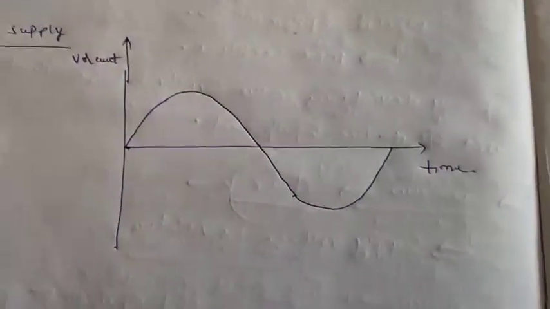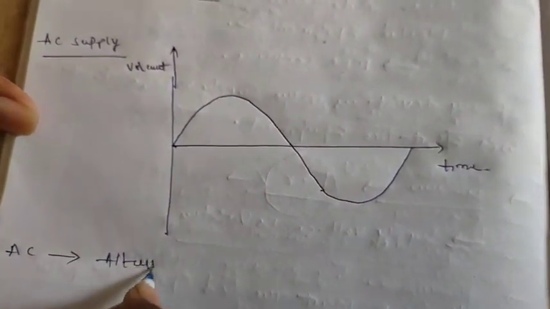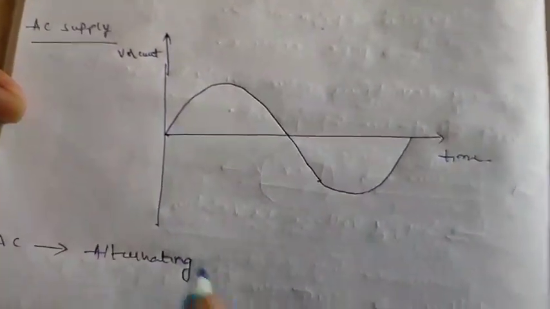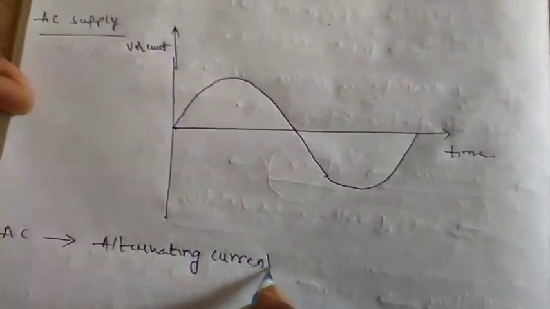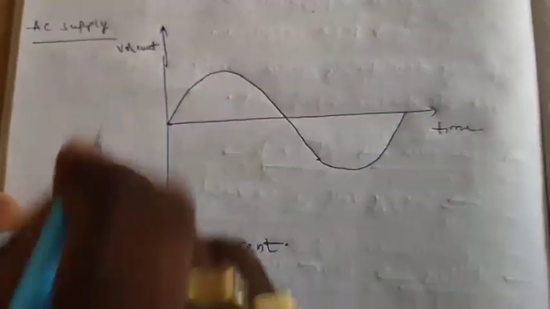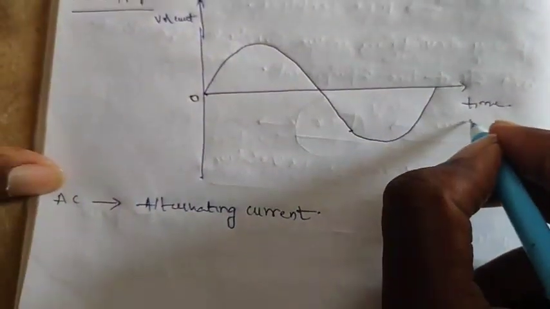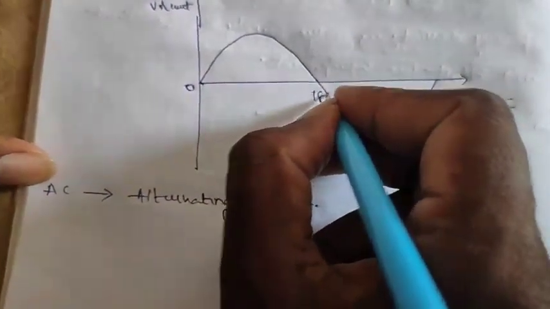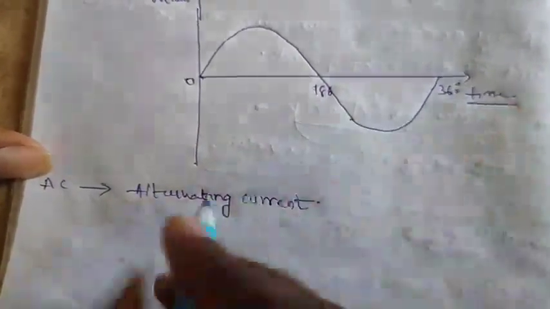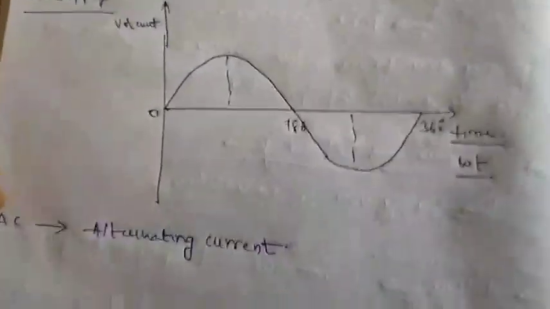AC means alternating current. Suppose on the x-axis we represent 0, 180 degrees, and 360 degrees. That is the angular displacement, omega t.